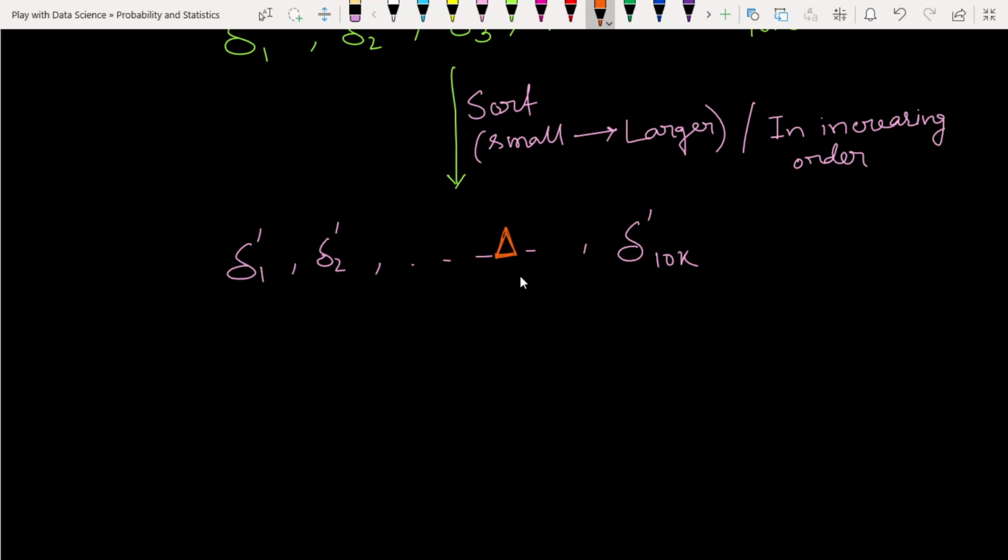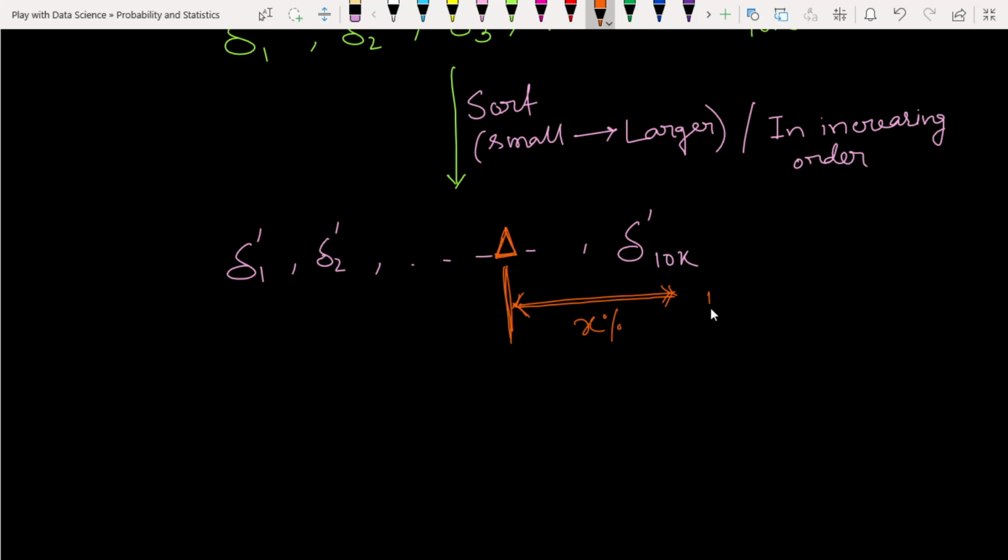After ordering, we try to find how many values are larger than this value, meaning how many points lie on the right side of the capital delta. Suppose x percent of the points lie on the right side of the capital delta.